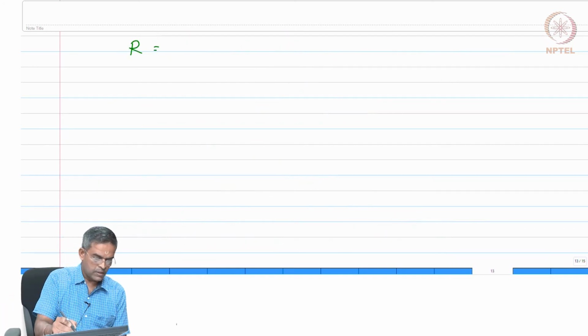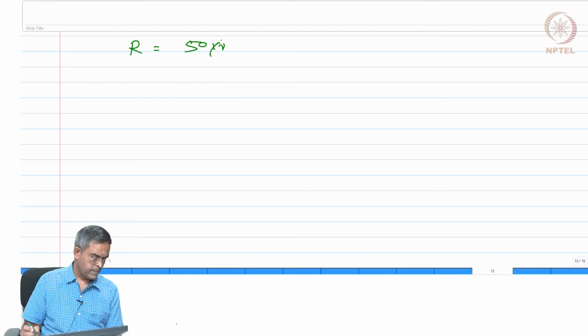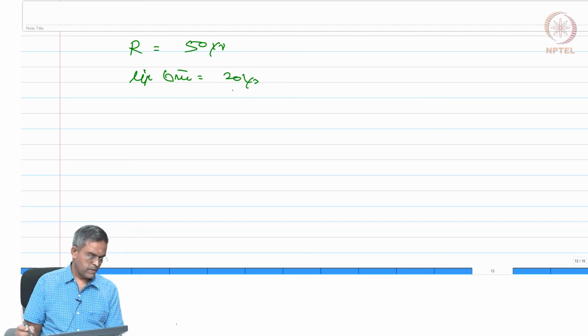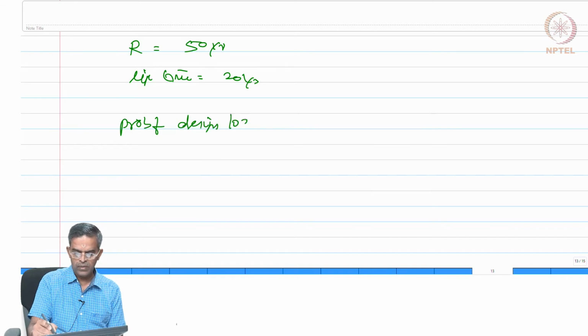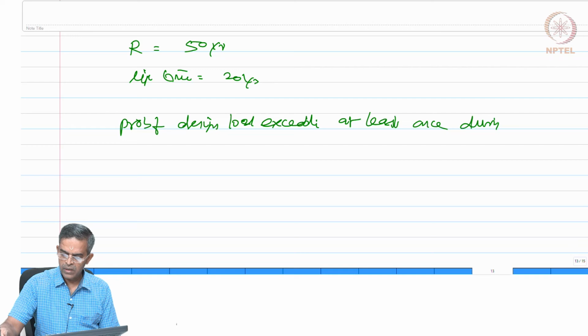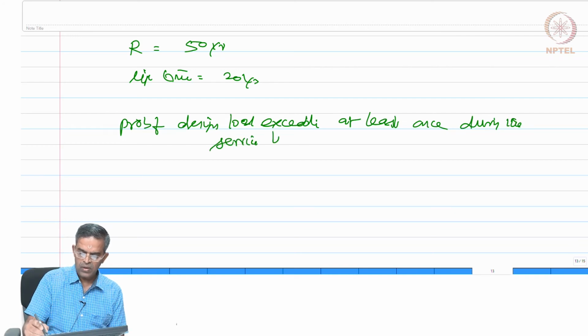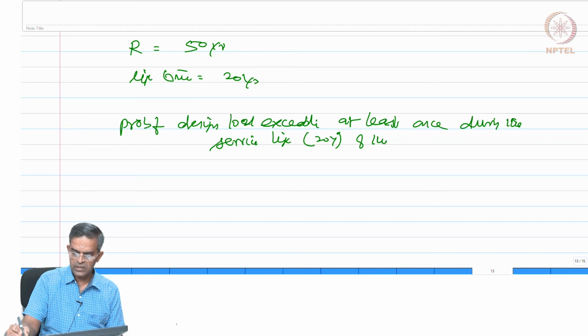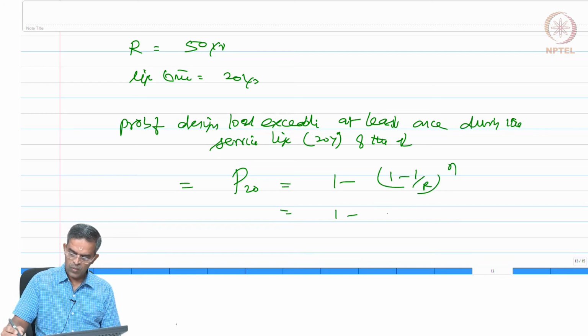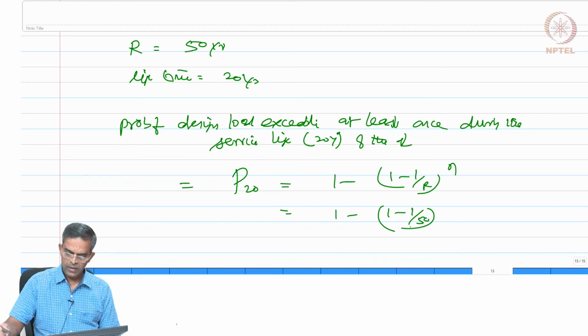For example, if the return period is 50 years and the lifetime of the structure is 20 years, we can now say the probability of design load exceeding at least once during the service life, that is 20 years of the structure, could be P20, which is 1 minus (1 minus 1 by 50) to the power 20.